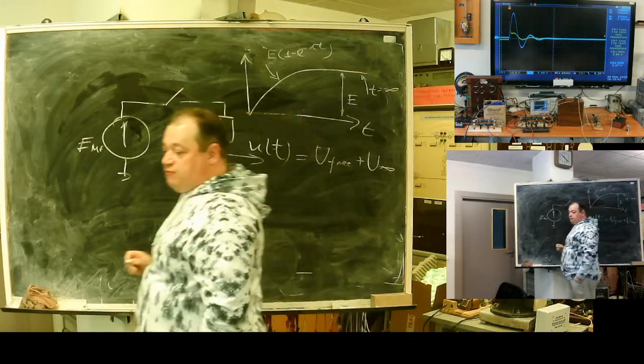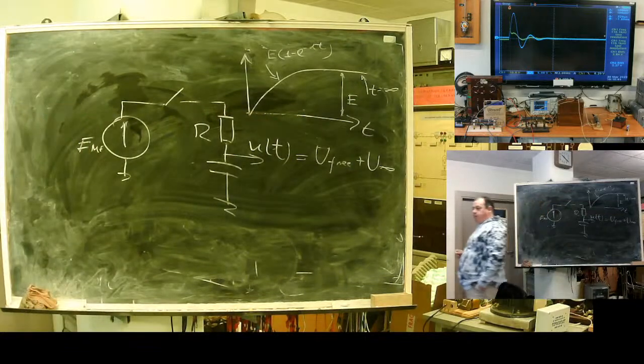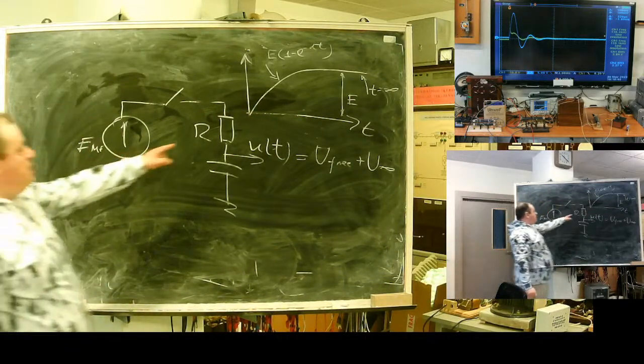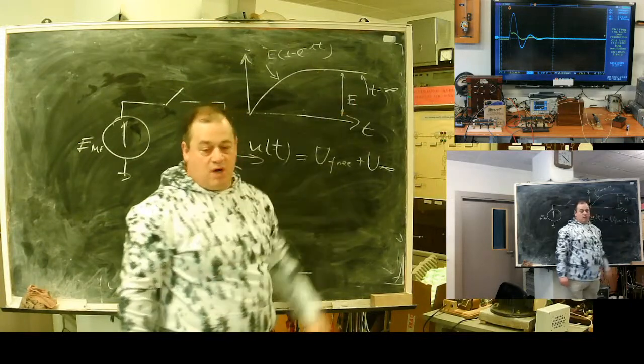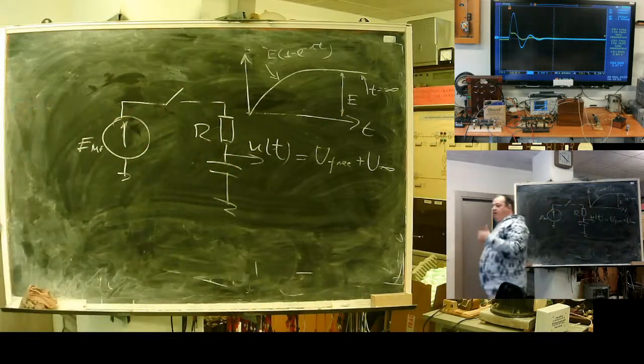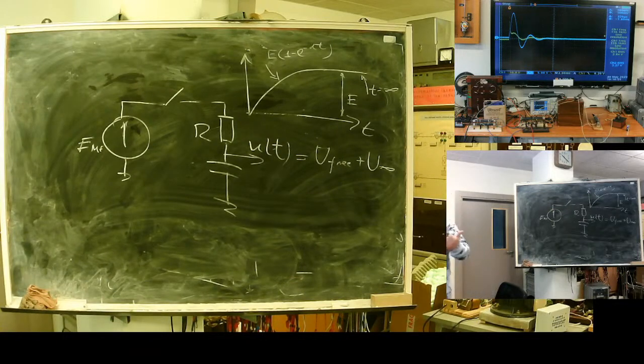This one is the enforced or infinite-time component. And between them, the transient process is a free component or components. The enforced or infinite-time component is easy to find. It requires basic knowledge of electrotechnics.